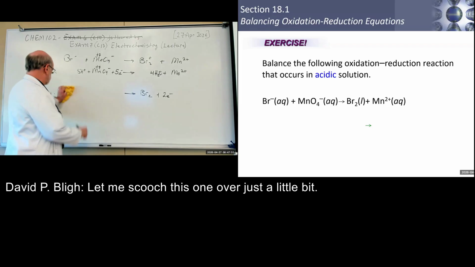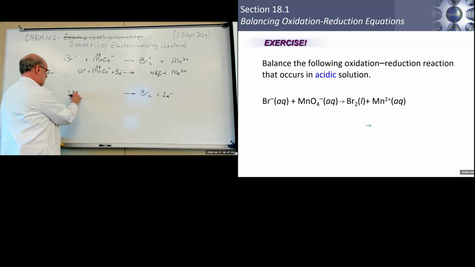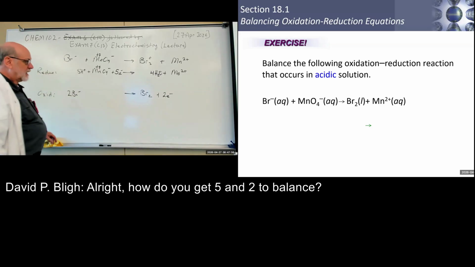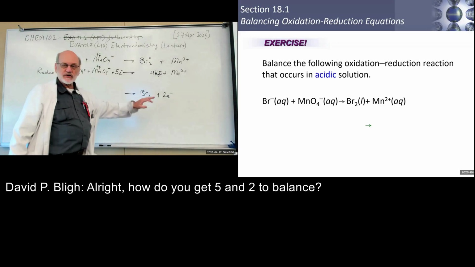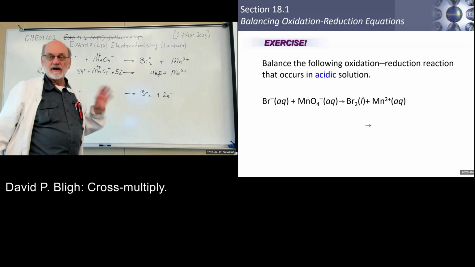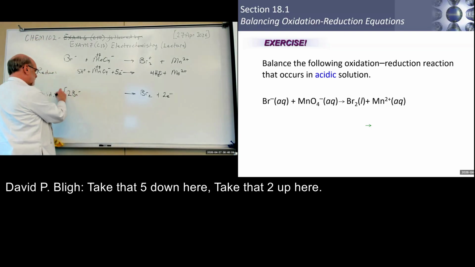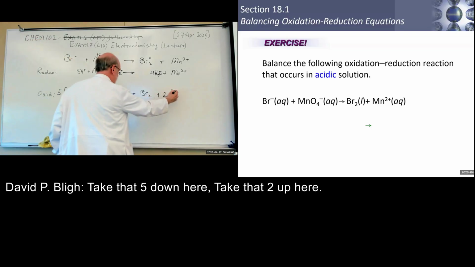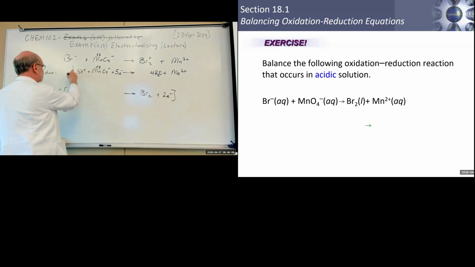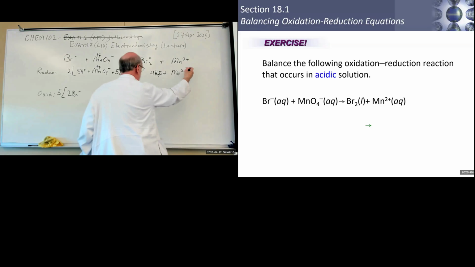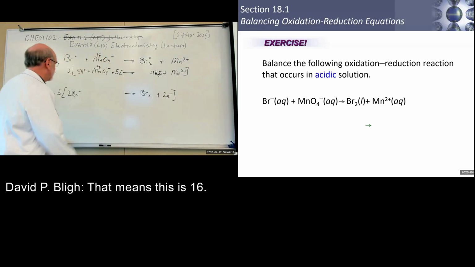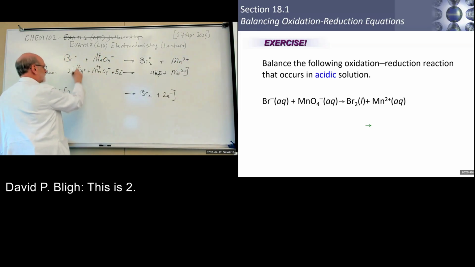Let me scooch this one over just a little bit. How do you get 5 and 2 to balance? Cross multiply. Take that 5 down here. Take that 2 up here. That means this is 16.